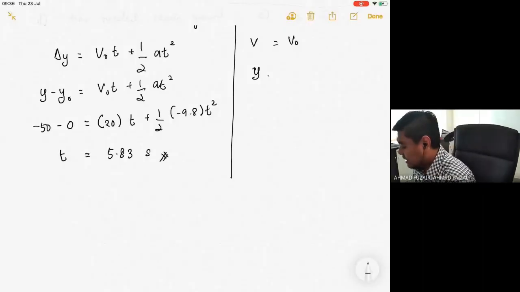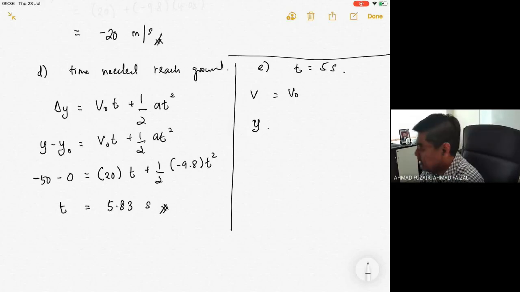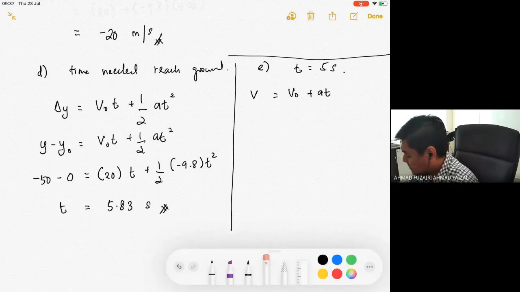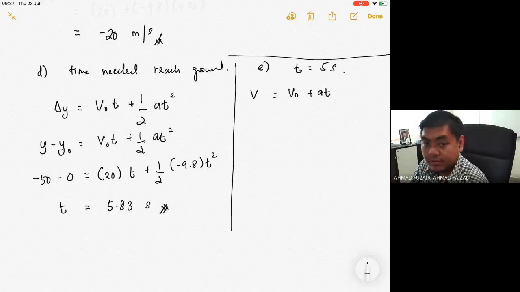Okay. So soalan E is to define the velocity and the position. Okay. So dekat velocity kita boleh equivalent v equals to v naught plus at. Ni saya padam dululah y tu. Okay. So nak cari at time 5 seconds. Okay. So what is v?